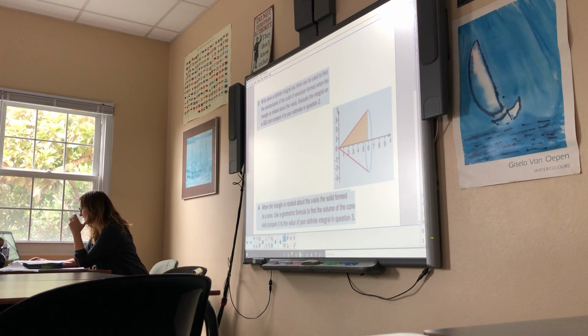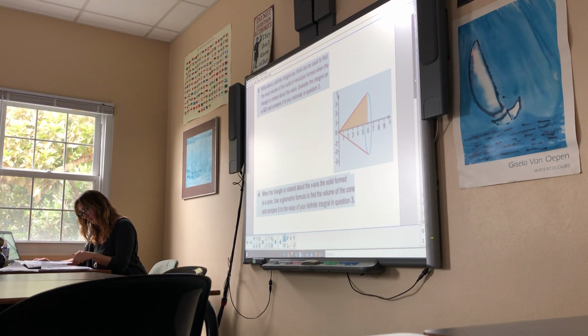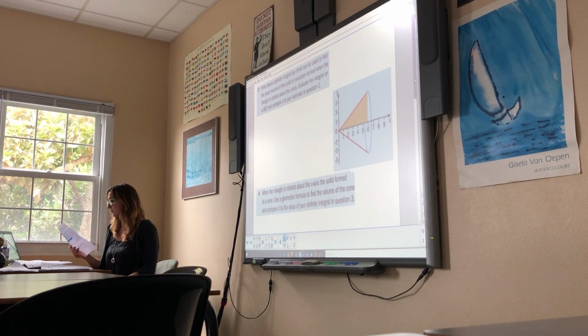I'll just try to go there a bit faster. Write down the definite integral you think can be used to find the exact volume of the solid of revolution formed when the triangle is rotated about the x-axis. Evaluate the integral on a GDC and compare it to your estimate. So basically we're trying to prove that you can do it with integration instead.